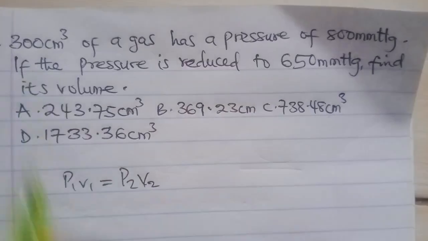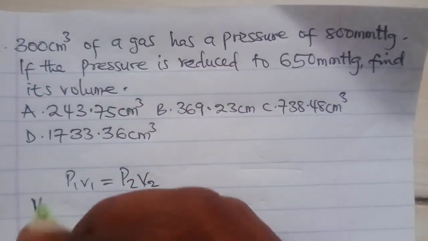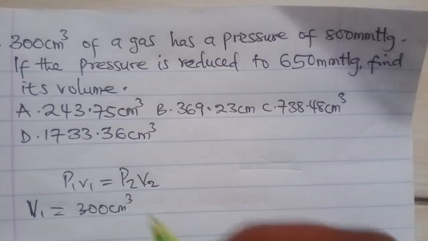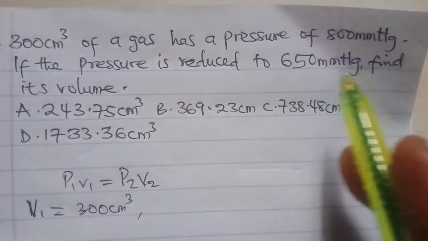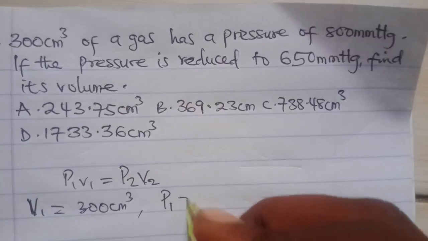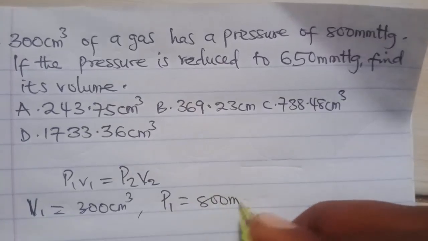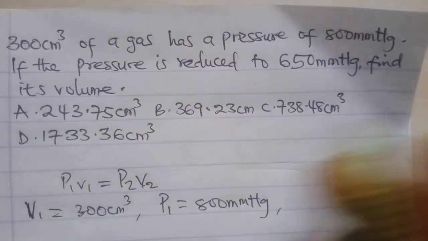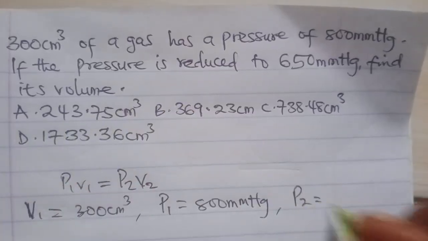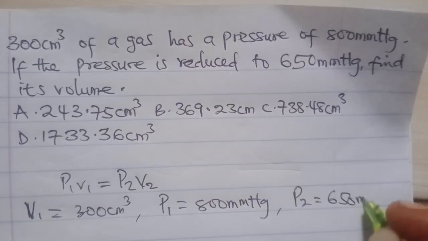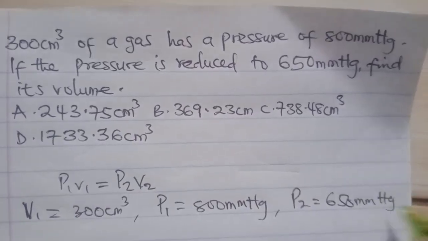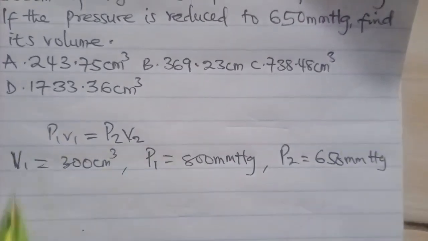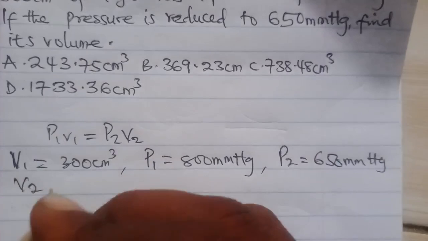So the initial volume V1 is 300 cm³, and the initial pressure is 800 mm², and if the pressure is reduced, the second pressure now is 650 mm². We are now asked to find its volume, which is the final volume.